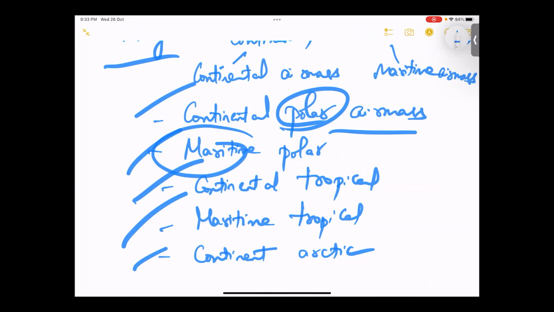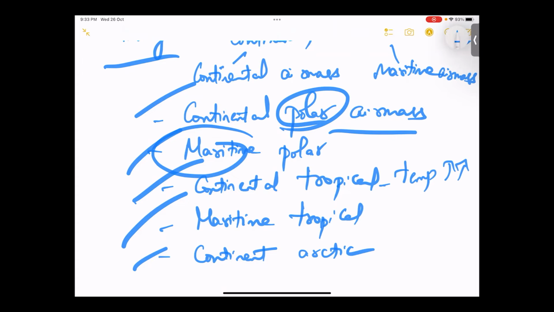So when compared to the polar air masses, the tropical air mass will be higher in temperature, and it comes over the continent. And when it comes to maritime tropical air mass, the temperature is high.